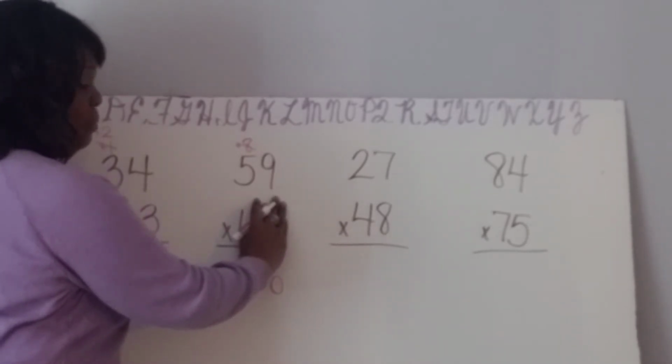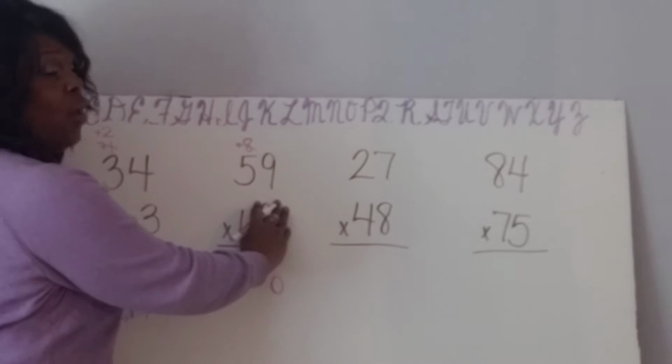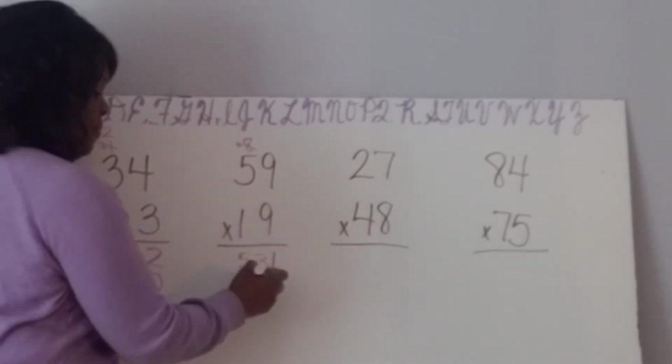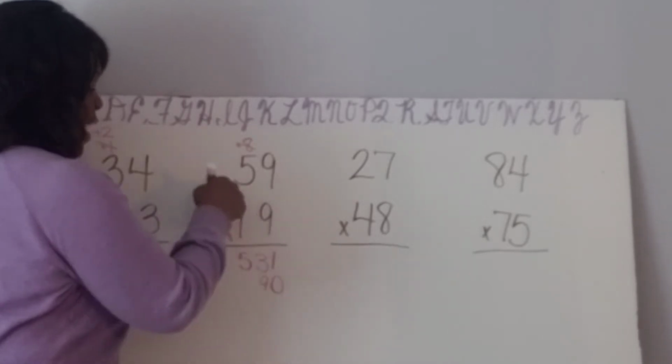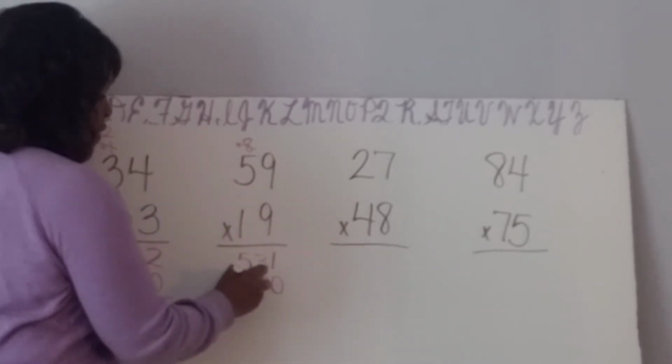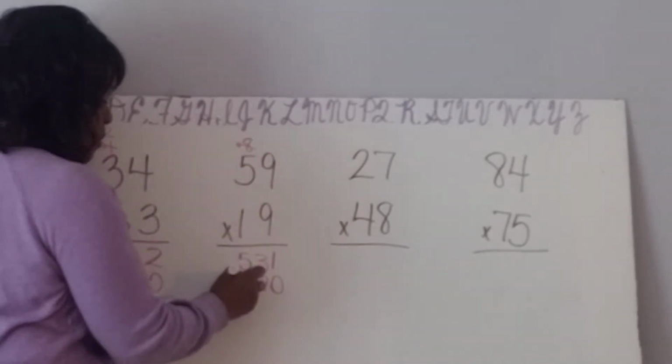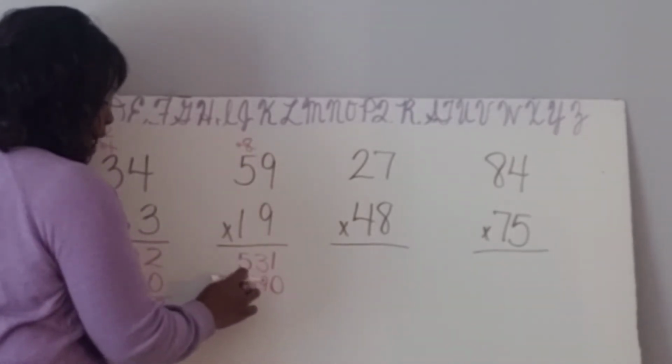And now I'm simply multiplying 59 times 1, or 59 times 10. 9 times 1, 9. 5 times 1, 5. And I don't add anything up top because there's nothing else to add up there. That's why we crossed out the 8, because that was already used.